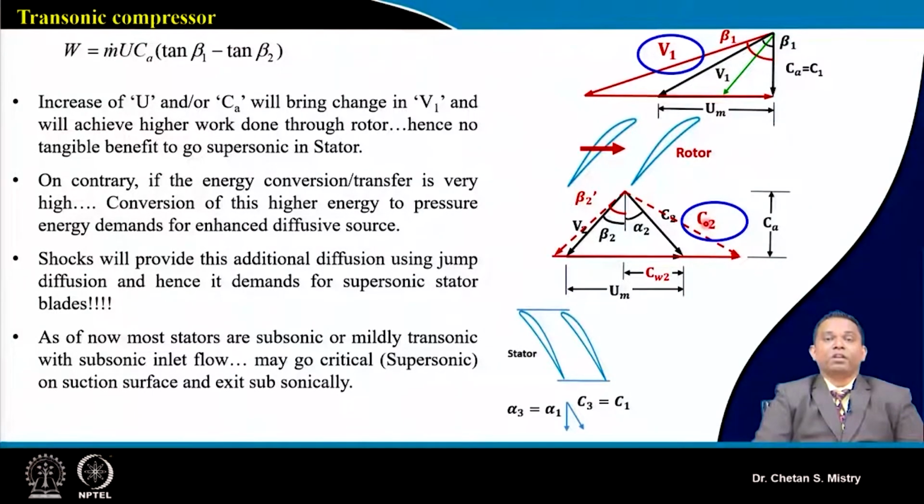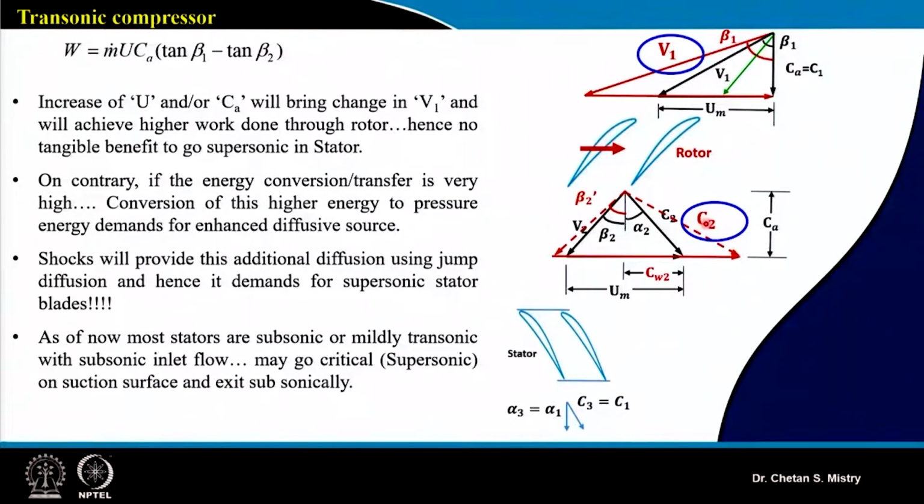Be careful: what we have discussed up till now was subsonic flow, which was expected during the 50s and 60s, and with our expectation and our need, we are now looking for a compressor stage to be a supersonic compressor stage or a transonic compressor stage. With this, we are stopping here. We will be discussing in more detail in the next lecture.